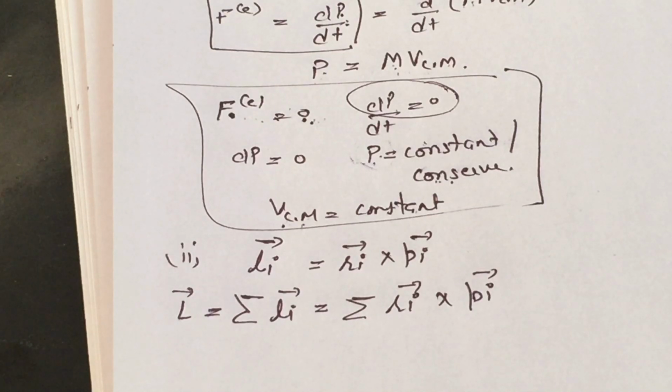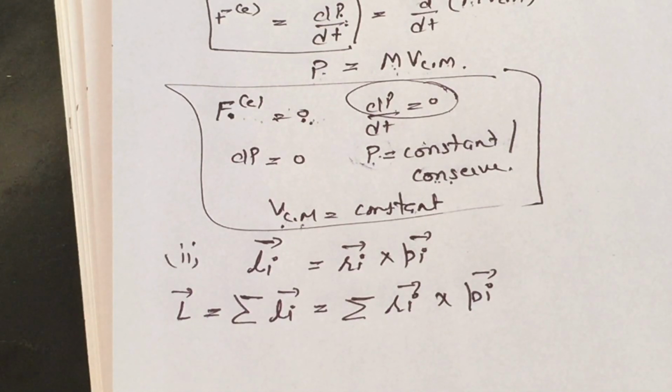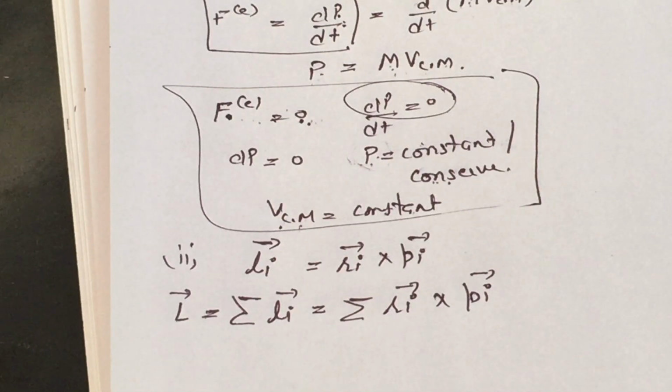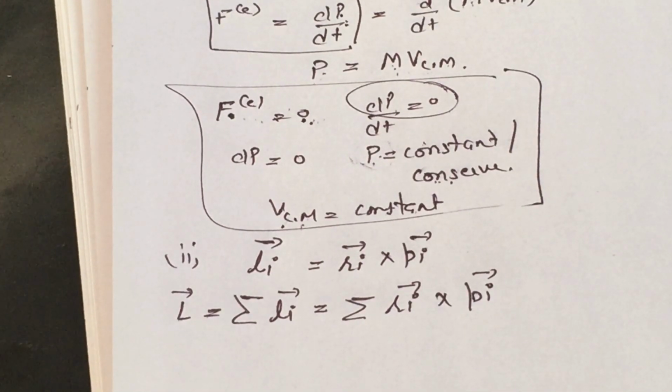You can calculate it by the cross product of these two given vectors, and with the help of the right hand thumb rule we can find the direction of L also.